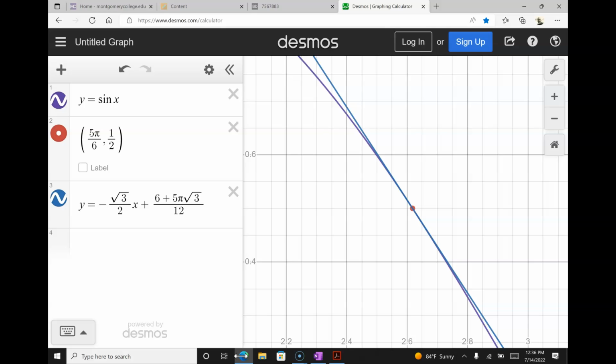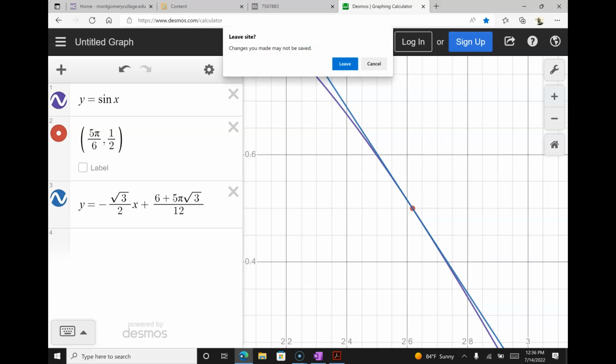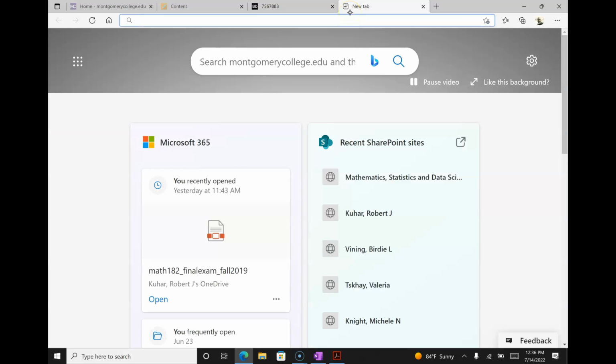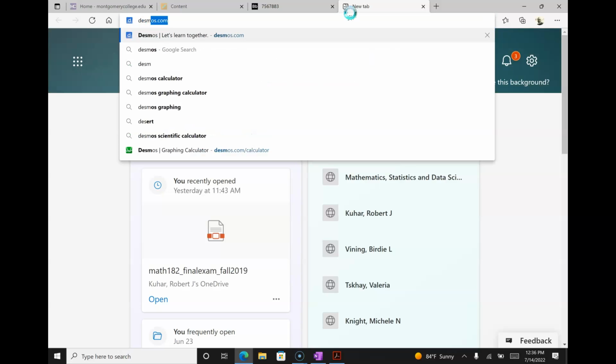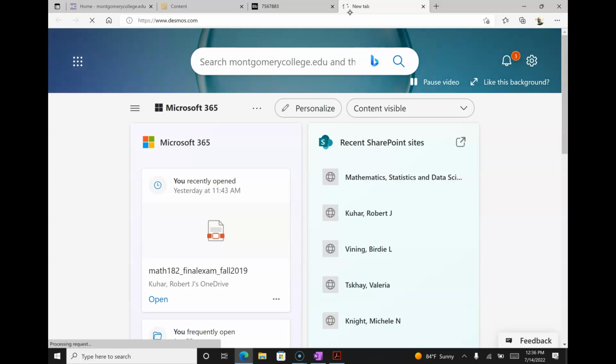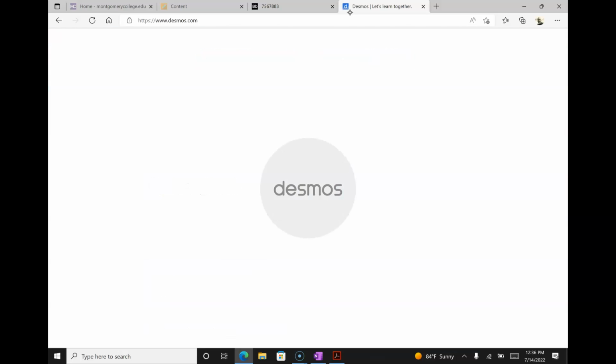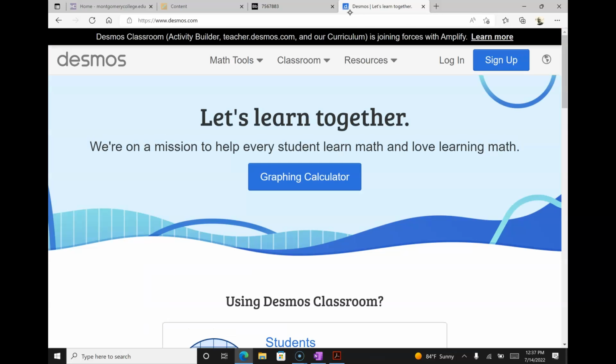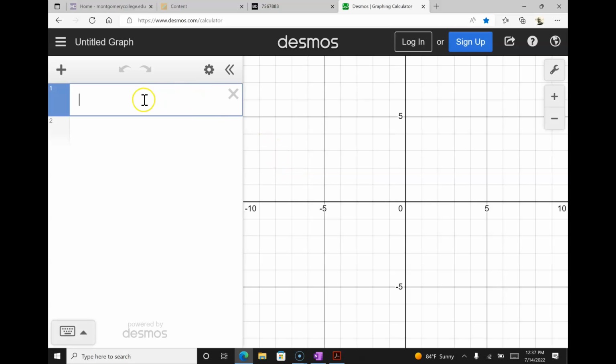So on Desmos, I like opening a new window because I don't have to worry about the stretch. You know, when I start stretching the window, it's nice to go back to that original setting. So just opening a new window makes it easier for me. So y equals cos of x is my original curve.